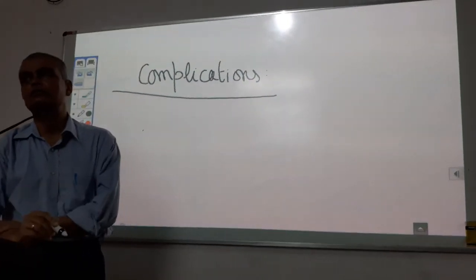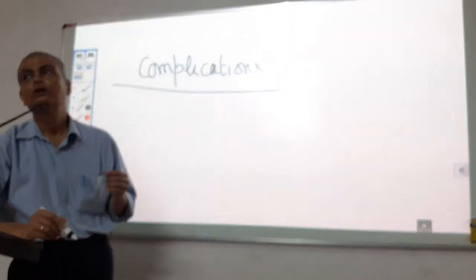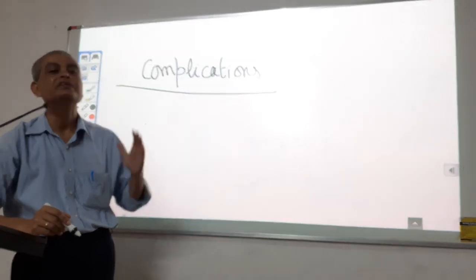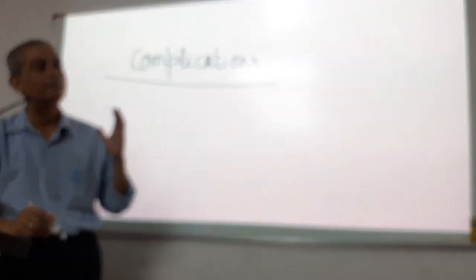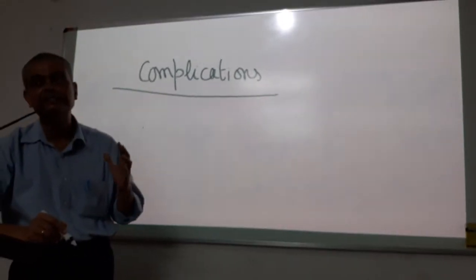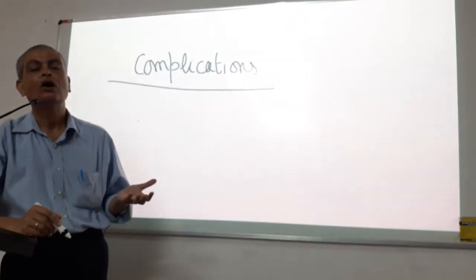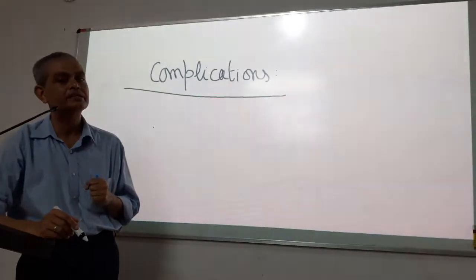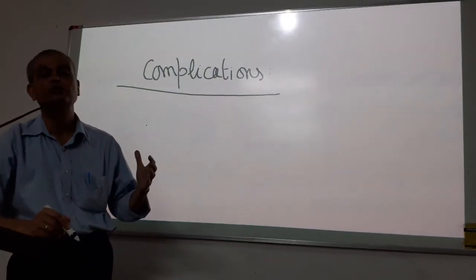Then complications. Complications means when the course of the disease will become severe, then there can be appearance of few additional organ changes or few additional clinical features. These are known as complications. Again, let us think about tuberculosis.